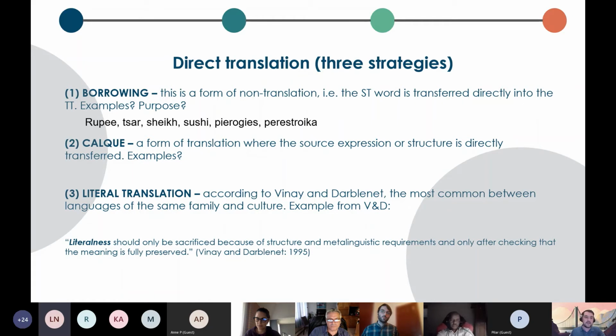What's the point of borrowing in this case? Maybe to impart a sense of specialness on that item. Yeah, that's what I would say. It's keeping a certain local flavor, and also there's something different between pierogies and dumplings, right? Maybe we use the word dumplings for something we would find in Chinese cuisine, and pierogies is quite specific to Polish cuisine. So that's usually the purpose for borrowing.